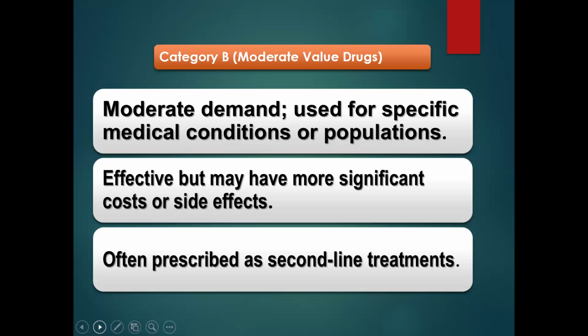The drugs are effective, but may have significant cost, like being very expensive, or have side effects. We still need them, but they're under category B. The drugs are often prescribed as second-line treatment options.